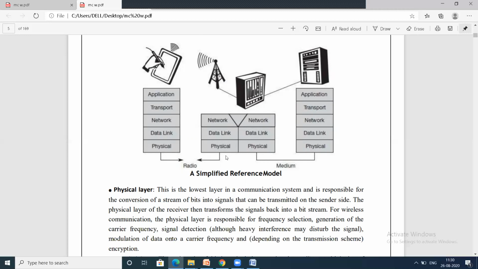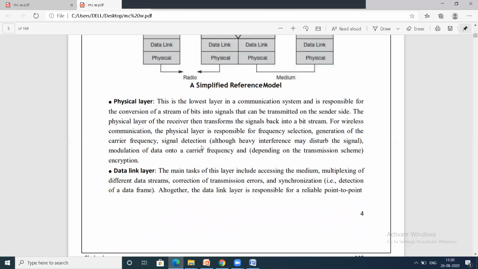Here you see the difference for a PDA wireless device and this one: it is a radio communication, that is, a wireless communication. Here we discussed the physical layer. What are the responsibilities of the physical layer?